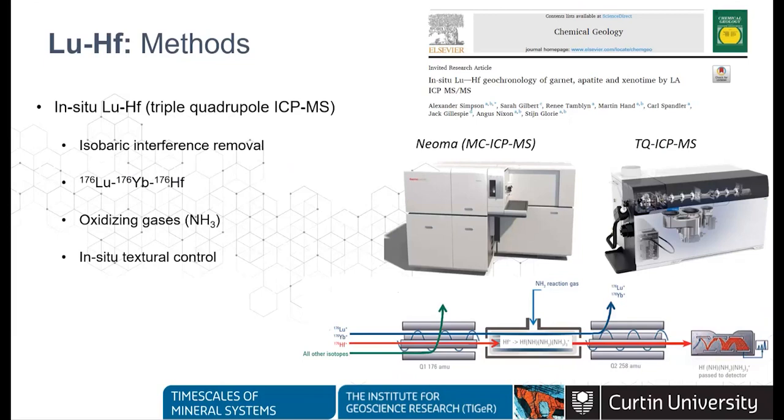In this case, the hafnium is going to create complexes, and then the mass is going to jump, so it goes without any interference to the 176 lutetium and 176 ytterbium as well. So we can get a 176 hafnium free of interference using the gas ammonia.